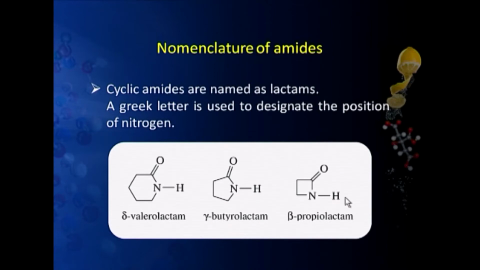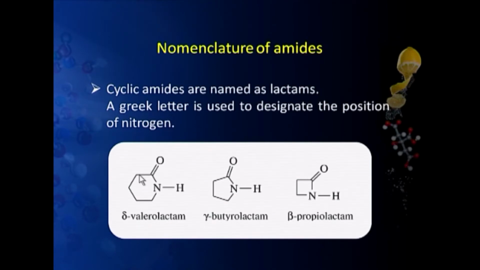These cyclic amides are called lactams, and these lactams are named by placing the position of this nitrogen with the help of a Greek letter, and we call that carbon as alpha carbon to which the carboxyl group was attached, or now the carbonyl group is attached.